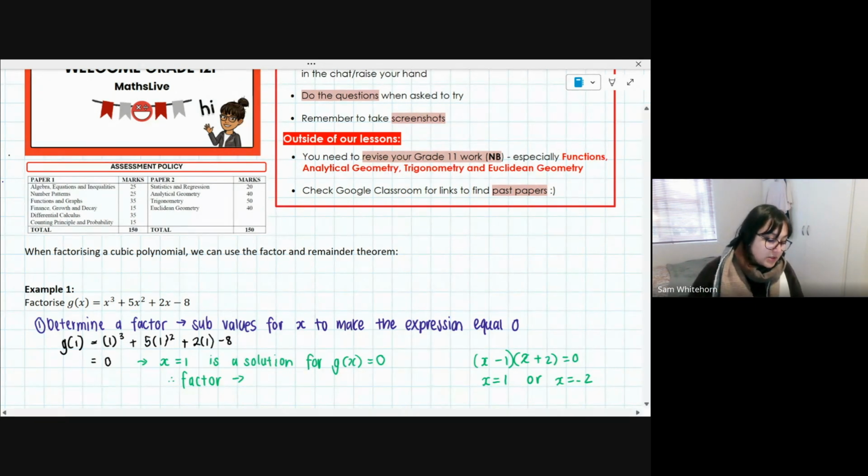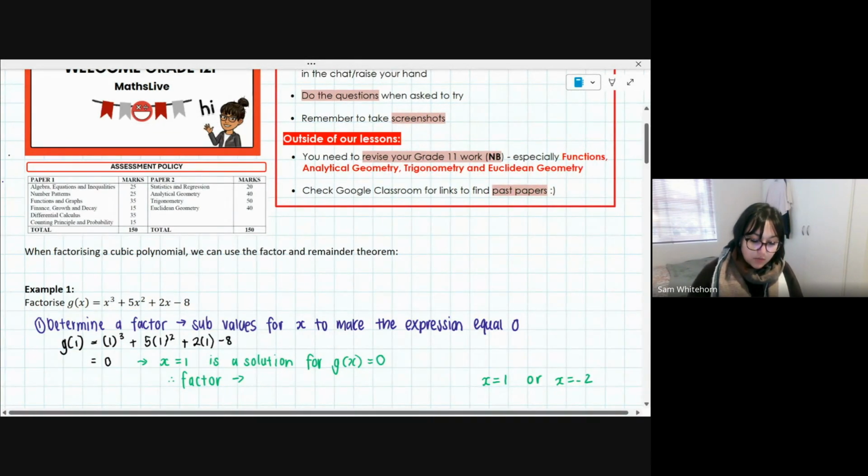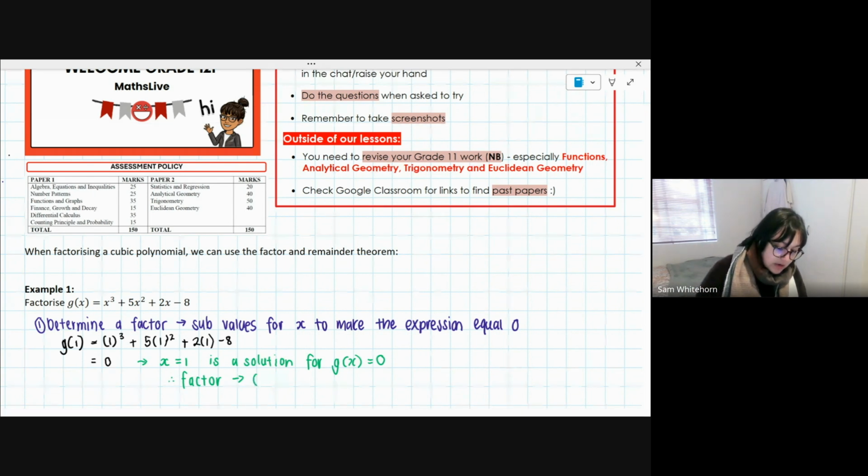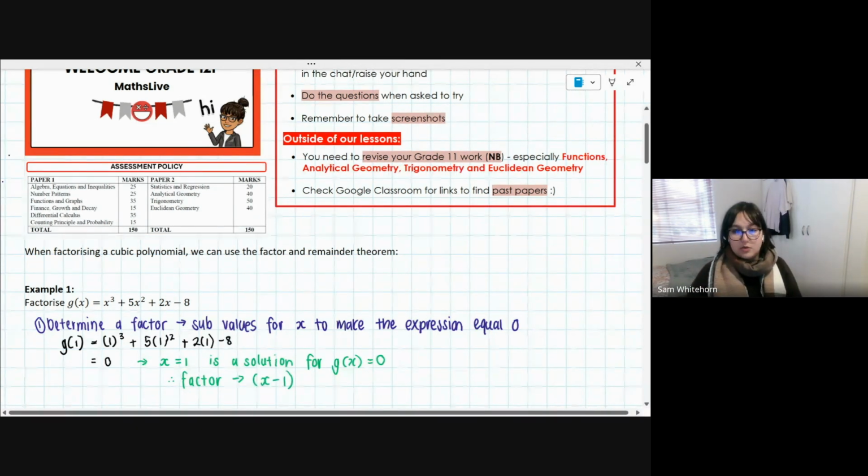If our solution to g of x equals 0 is positive 1, that means our factor bracket must be x minus 1, because when you bring it over the equal sign, you will get positive 1. So our factor that we're going to start off with is x minus 1.